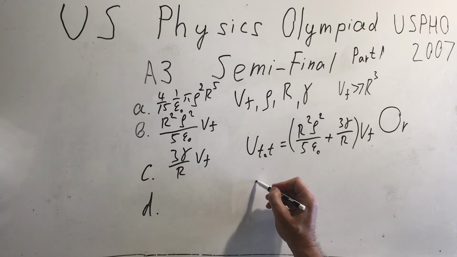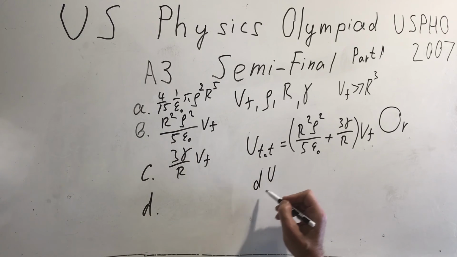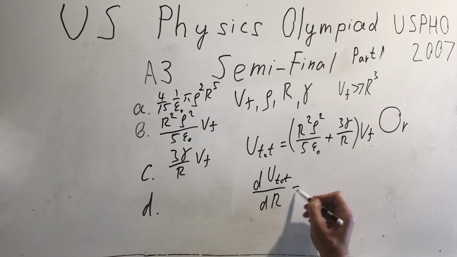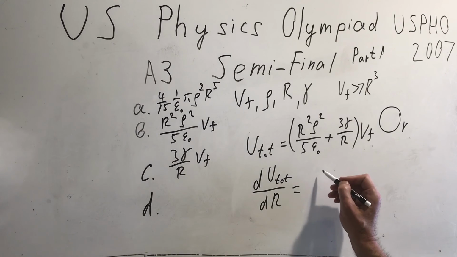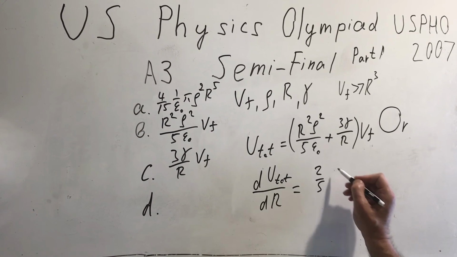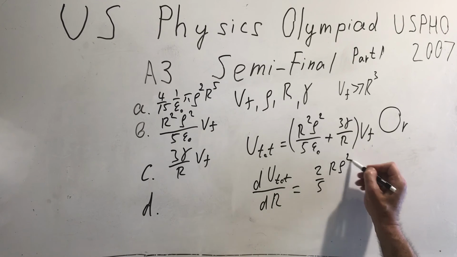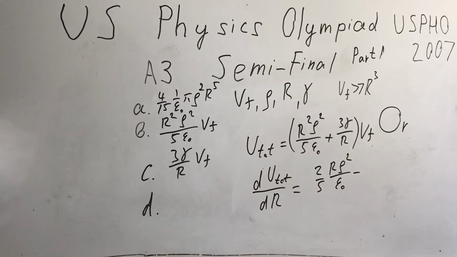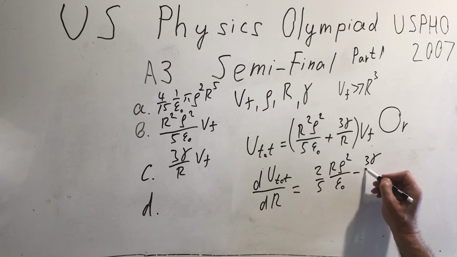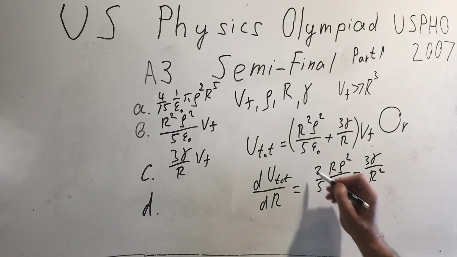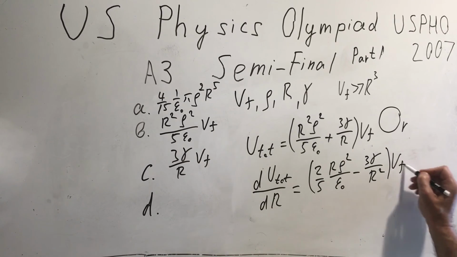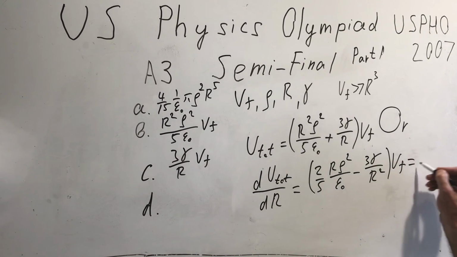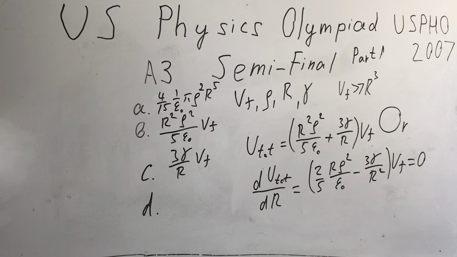For that we need to find the derivative of U total with respect to radius, which is 2/5 times R ρ squared over epsilon 0 minus 3 gamma over R squared, multiplied by V fluid. Now we equalize it to 0 to find our radius.